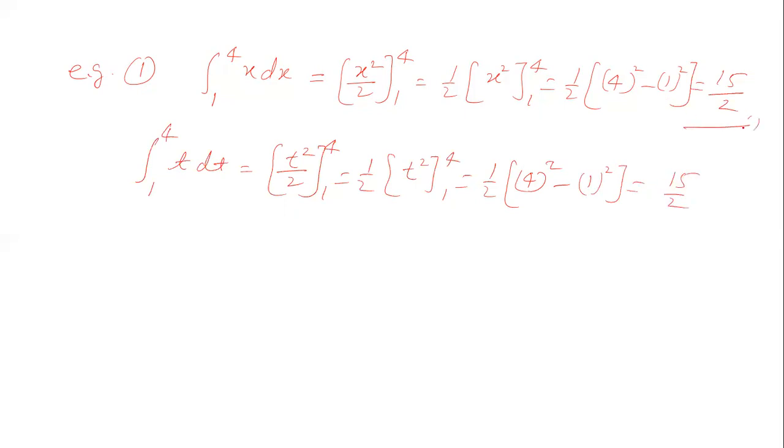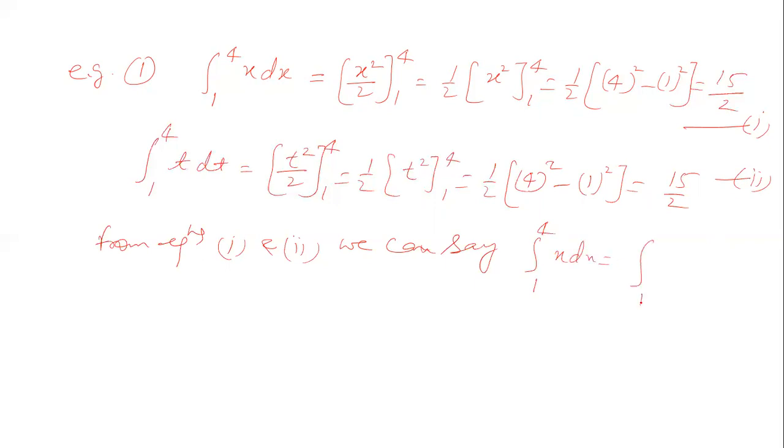Say these were your equation number 1 and equation number 2. From equations 1 and 2, we can say integral from 1 to 4 of x dx equals integral from 1 to 4 of t dt.